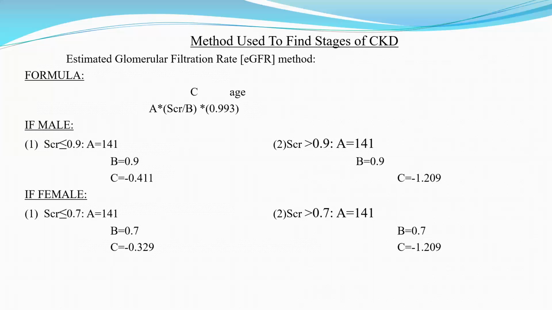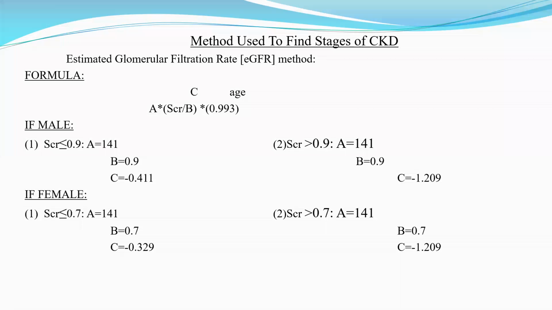For male, if the serum creatinine level is less than or equal to 0.9, we have constant values, that is A is equal to 141, B is equal to 0.9, C is equal to minus 0.411. If the serum creatinine level in male is greater than 0.9, A is equal to 141, B is equal to 0.9, and C is equal to minus 1.209.